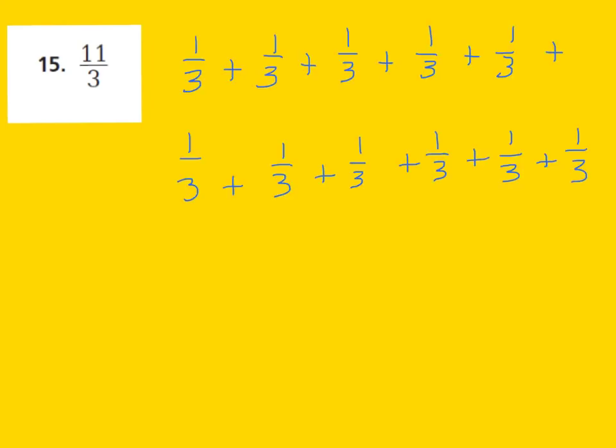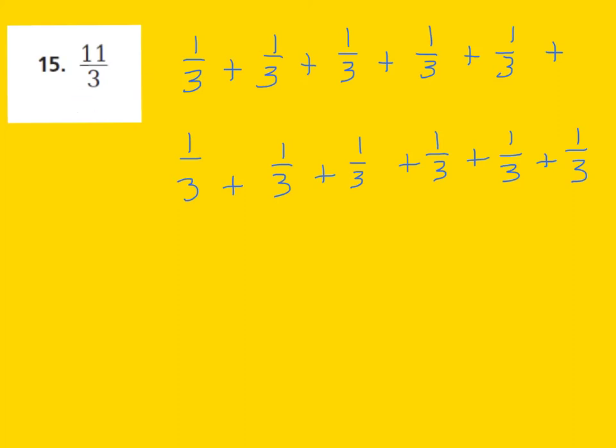Okay, so for number 15, it says 11/3. Therefore, I want to make my unit fractions as 1/3, and I'm going to do 11 of them. So here's what it would look like. So here, as you can see, I have 11 groups of 1/3 because my sum of unit fractions would be 1/3 11 times. Now remember, to make a whole, my whole has to be made as 3/3 to equal one whole.